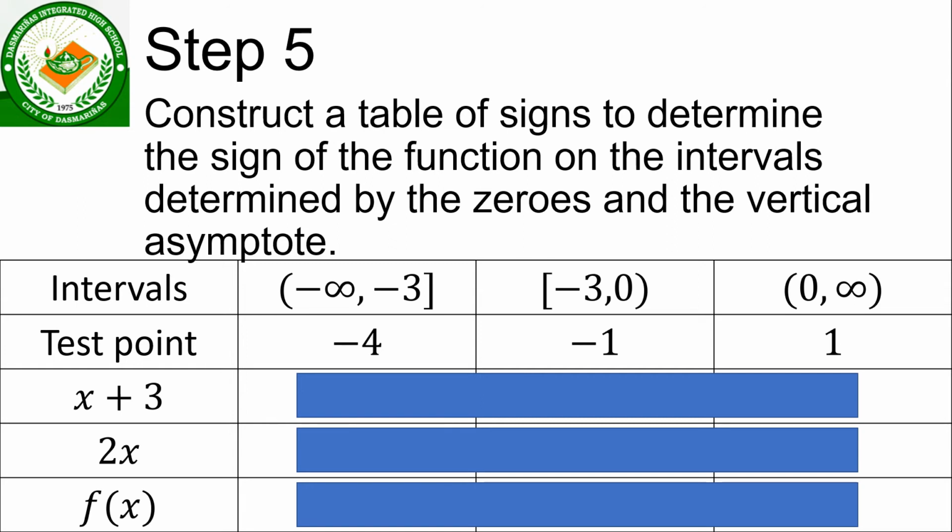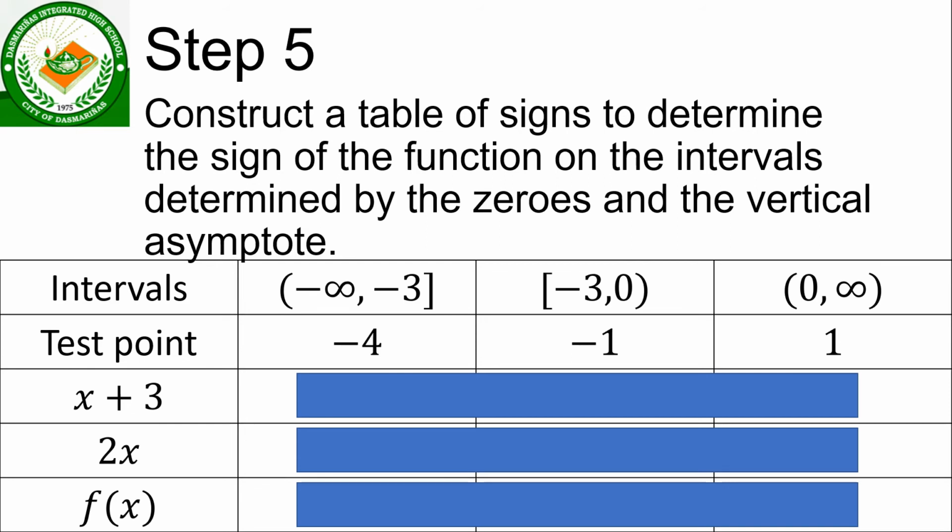Okay, these numbers are just test points between or in this interval. So for the first factor, we have x plus 3.